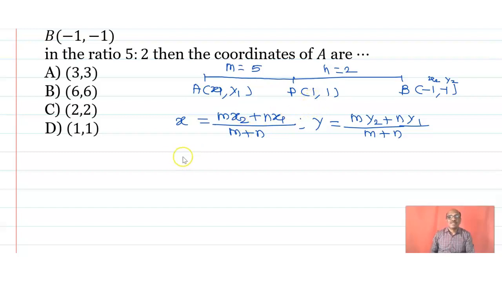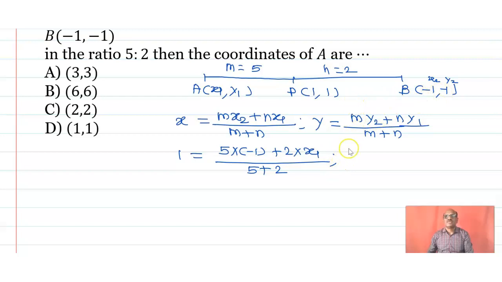इथे x किती आहे तर 1 आहे. That is 1 is equals to m is 5, 5 into -1 plus n किती आहे तर 2 आहे, 2 into what is here x1. I will write here x1 upon m plus n means what, 5 plus 2.